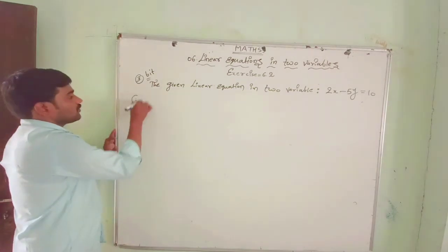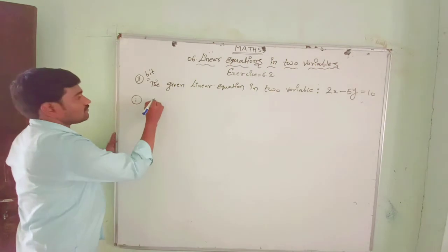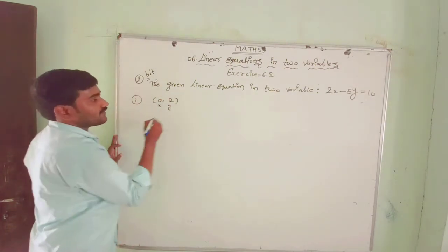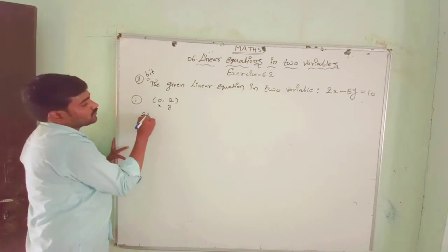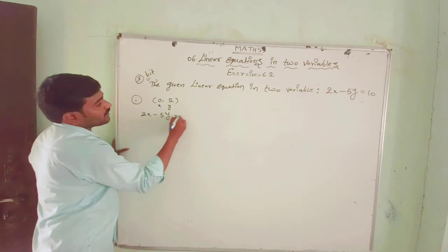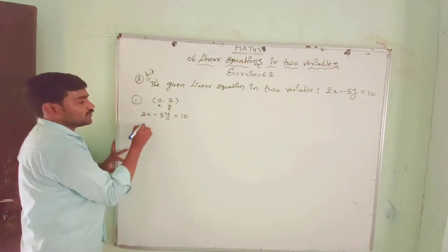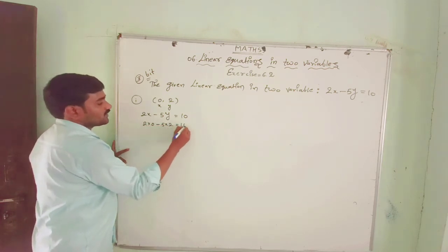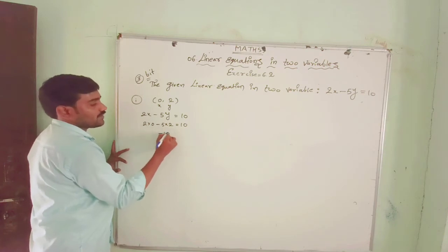So let's go for the first point, that is (0, 2). This is the x value, this is the y value. The equation is 2x minus 5y equal to 10. In the place of x you substitute 0, in the place of y substitute 2. So 2 into 0 minus 5 into 2 equal to 10. This is completely 0. Five 2s are minus 10.